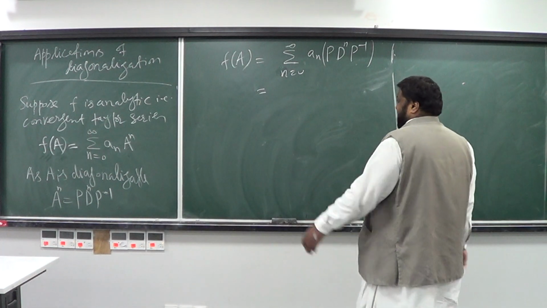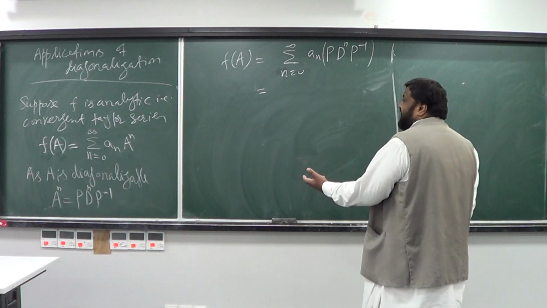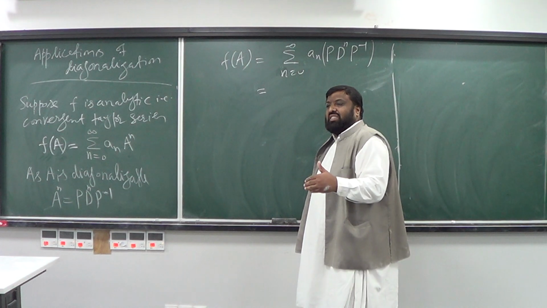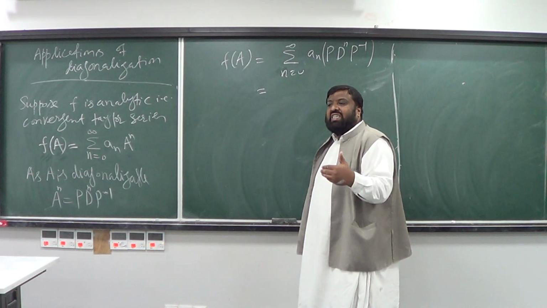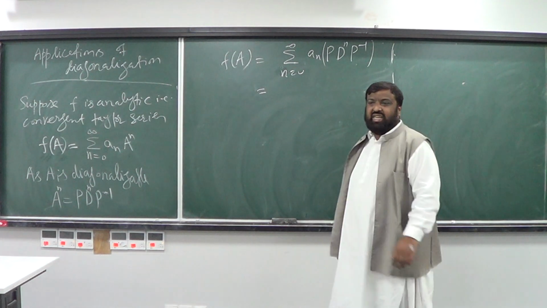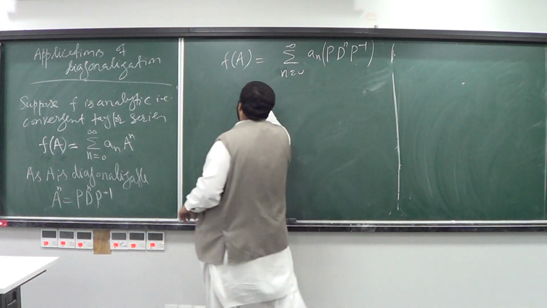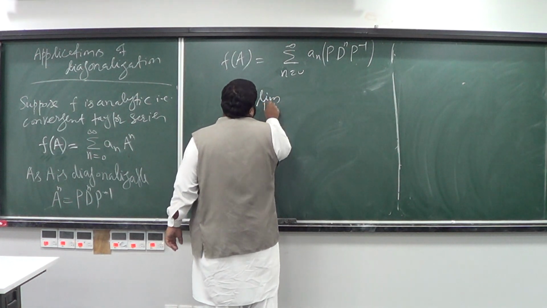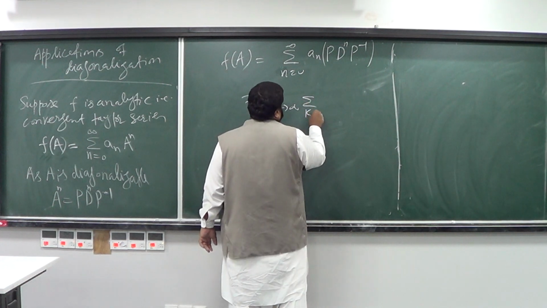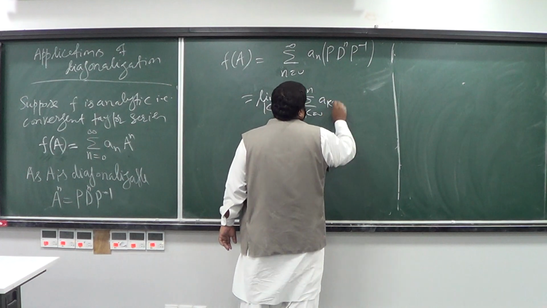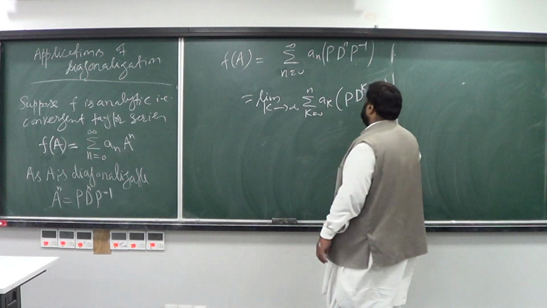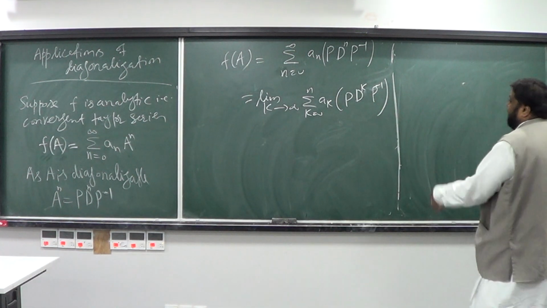Now, since f has a convergent series, the convergence of the series means that you can write that series as the limit of the partial sums, actually. So in other words, I can write this as the limit as k goes to infinity of the sum, say k equal to 0 to n, ak P D power k and P inverse, actually. And this sum is a finite sum.